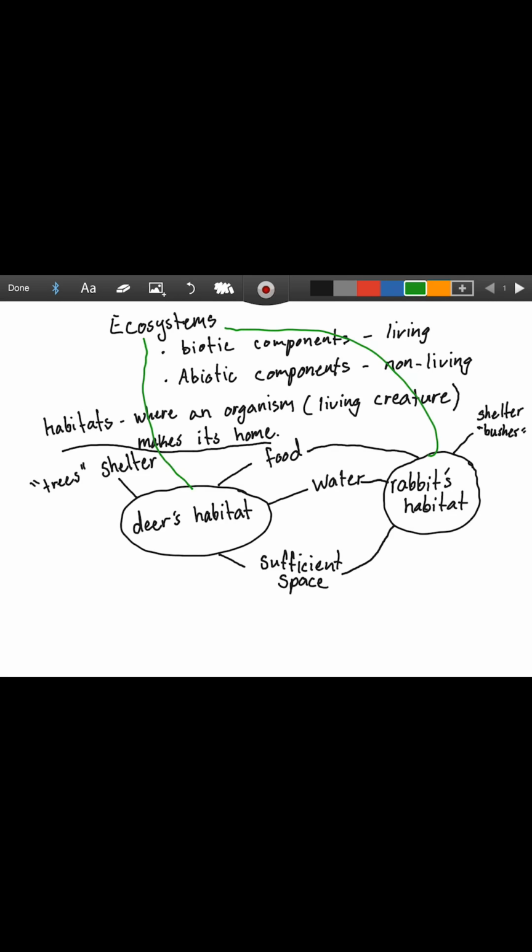So how to think about this? Well, I'm going to erase this. If you haven't copied this, then pause the video and copy it, and we'll start fresh again. So the question that I'm asking is how to think about ecosystems and habitats. What's the difference? Can you think of the difference already?